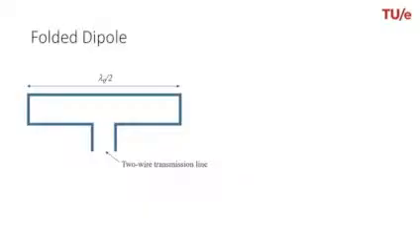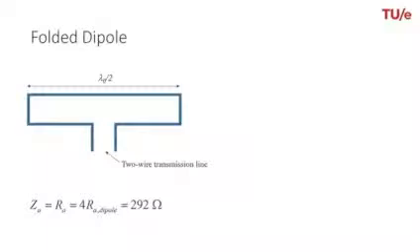But the folded dipole is fed by a twin wire transmission line, again like also the normal dipole, but it has the nice property that the radiation resistance is 4 times higher approximately as compared to the standard dipole. So we have a radiation resistance of approximately 300 ohm, which makes it easy to use in certain applications where you have a feed line with a somewhat higher impedance.